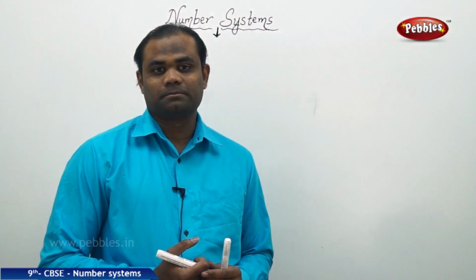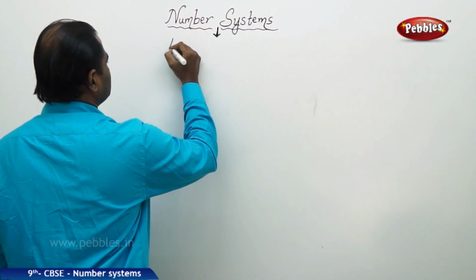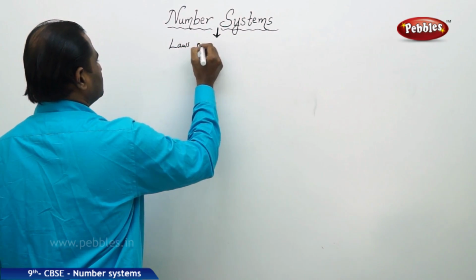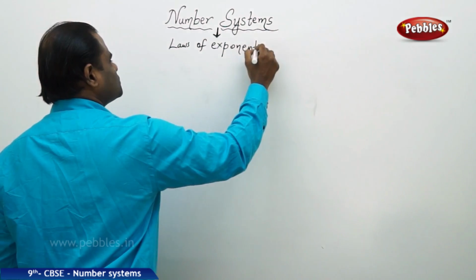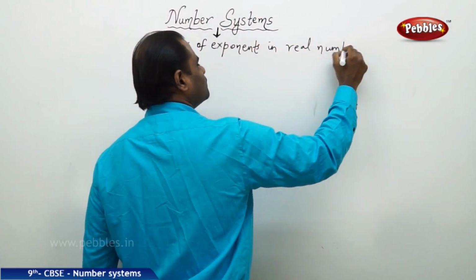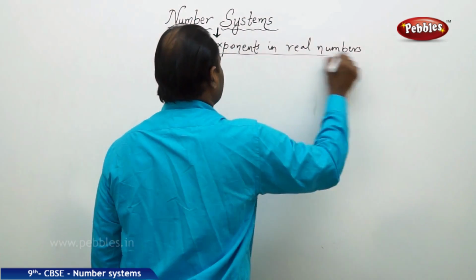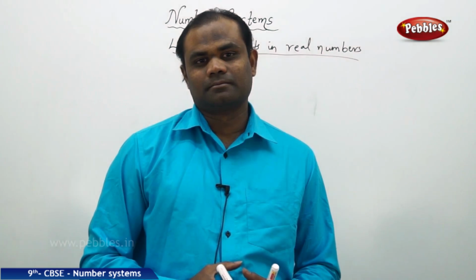Laws of exponents, laws of indices is what we are going to talk about. Laws of exponents in real numbers. So let's see how they are interconnected with each other.